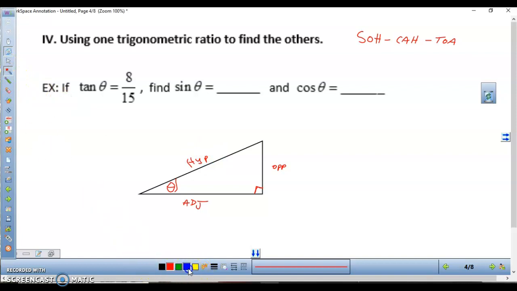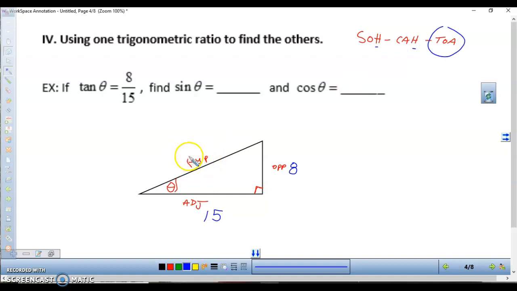Well, if tangent is opposite over adjacent, that's what TOA tells me, and I know that the tangent of theta, opposite over adjacent, is 8 over 15, well then the opposite must be 8 and the adjacent must be 15. But in order to find sine and cosine, which both of those need the hypotenuse, I first need to find the hypotenuse.